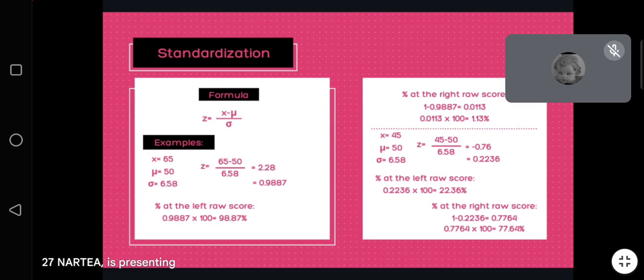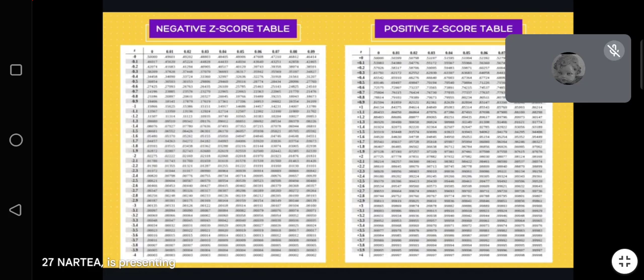That is going to be equal to 2.28. And if we look for the z-score area, it is going to be 0.9887. So here at the table, we look for 2.28 in the positive z-score table.